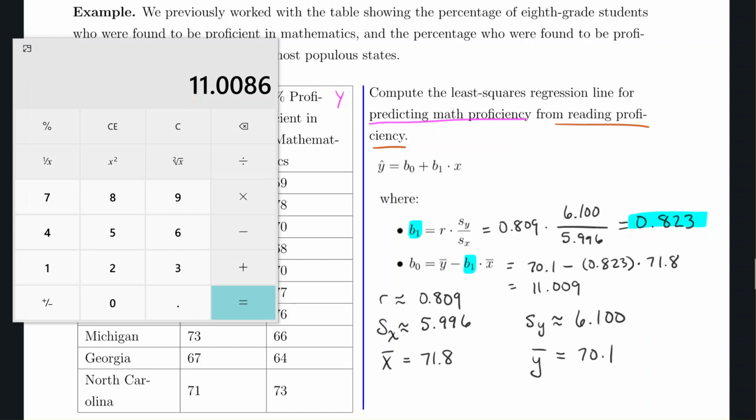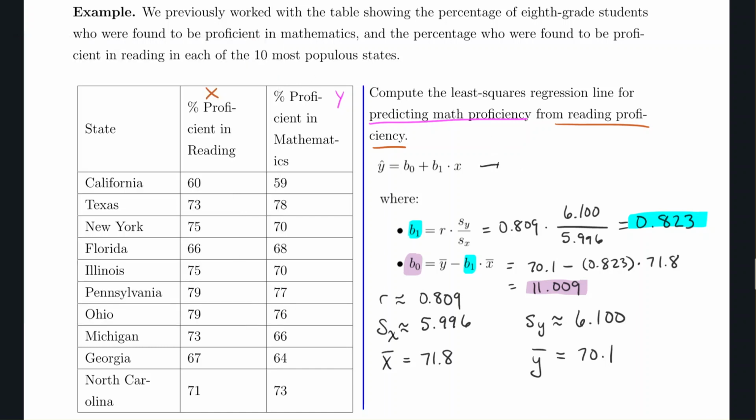Now do keep in mind, if you used a calculator to find this, your calculator did not round at these points. So your overall calculation is going to be more exact than mine, which rounded at a few different points, but it is close enough. So if you have slightly different values and you use the calculator, it's because your calculator never rounded at approximate steps. So just keep that in mind.